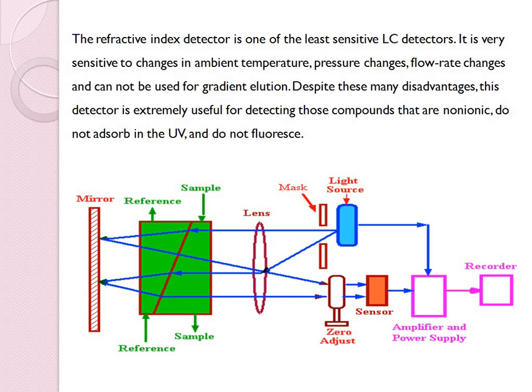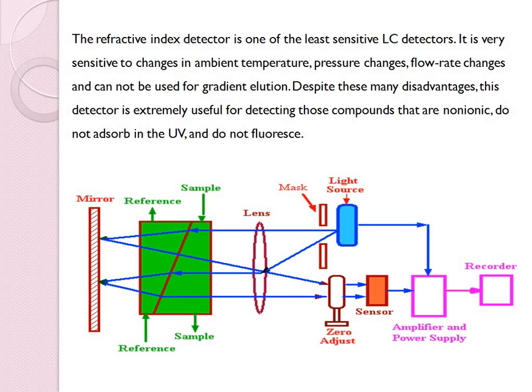When the effluent going through the sample cell does not contain any analyte, the solvent inside both cells is the same. If the effluent contains any components other than the mobile phase, bending of the incident beam occurs due to the refractive index difference between the two solvents. By measuring this change, the presence of components can be observed.